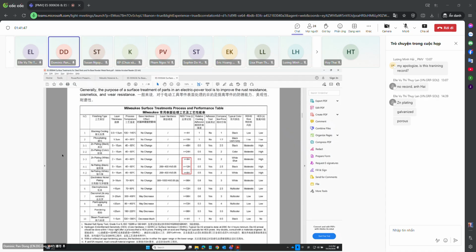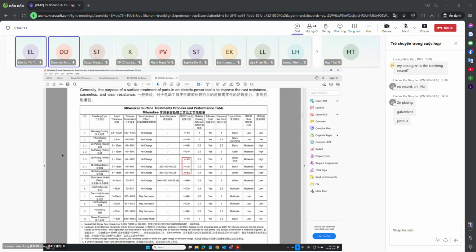Then they can be put into electrical plating. We call it impregnation, or sometimes the sealing process, to make all of the surface porosities covered by some chemical agent.